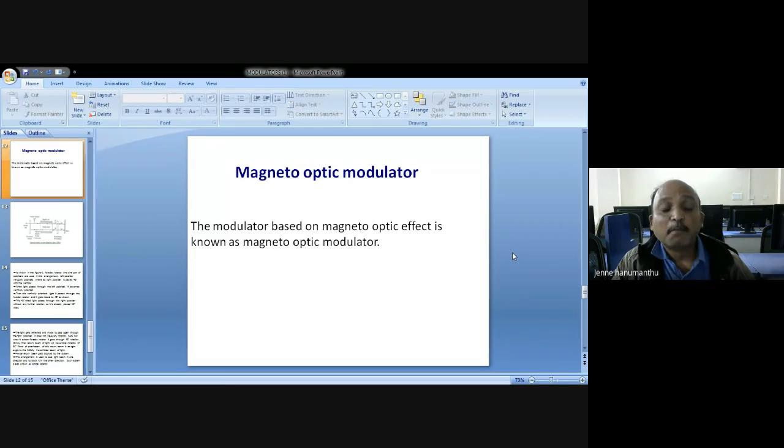Third case is magneto. What is the word magneto? Magneto is a control signal. Magnetic is nothing but a control signal. Again, with these electrical signals, you have to get magnetic properties. These magnetic properties will change the laser beam characteristics.